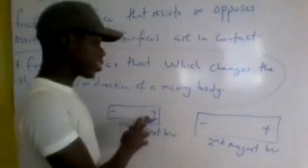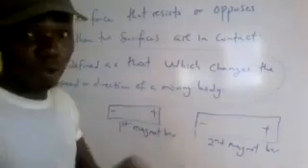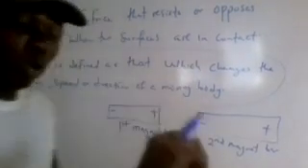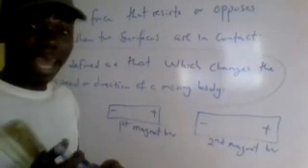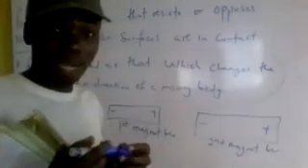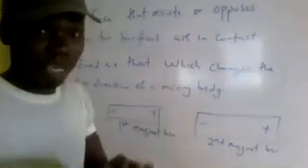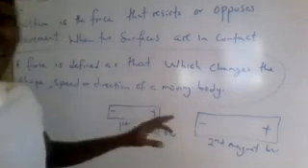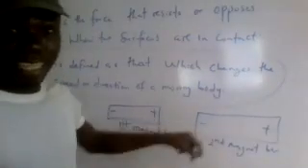When you take this positive side and this negative side and bring them close to each other, even before they get close, you see that they attract. That is why when you hold two magnets and bring them close, when they attract each other, that means they were unlike charges.